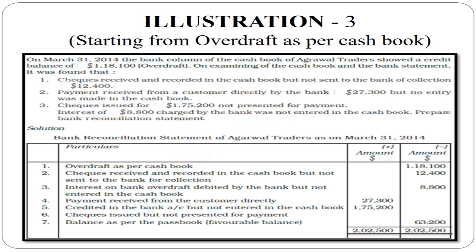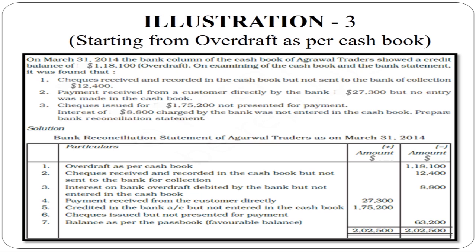And the last entry, interest of $8,800 charged by a bank was not entered in cash book. It means bank have reduced our balance by $8,800. That means our cash book balance had remained more by $8,800. In order to cancel its effect, we will have to decrease it by $8,800.